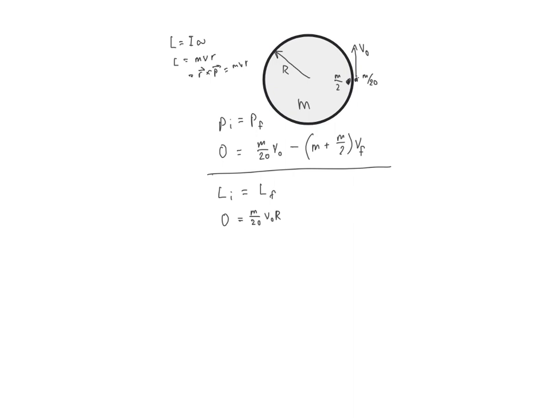Then we subtract the stuff moving in the clockwise direction, the disk-person system, which has a total rotational inertia I and an angular speed of omega. The angular speed is what we're ultimately looking for, but first we have to come up with some expression for the rotational inertia of the disk with the person on it as it's spinning.